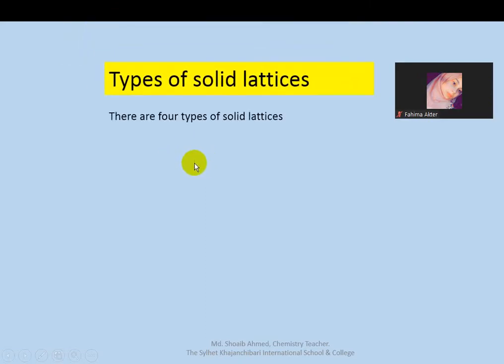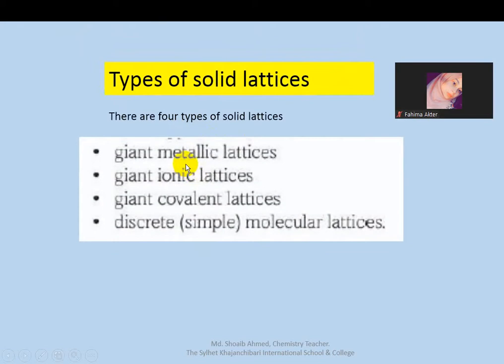Types of solid lattice. There are 4 types of solid lattice: giant metallic lattices, giant ionic lattices, giant covalent lattices, and discrete or simple molecular lattices. Giant metallic lattices mean metallics. How is a metallic bond formed?